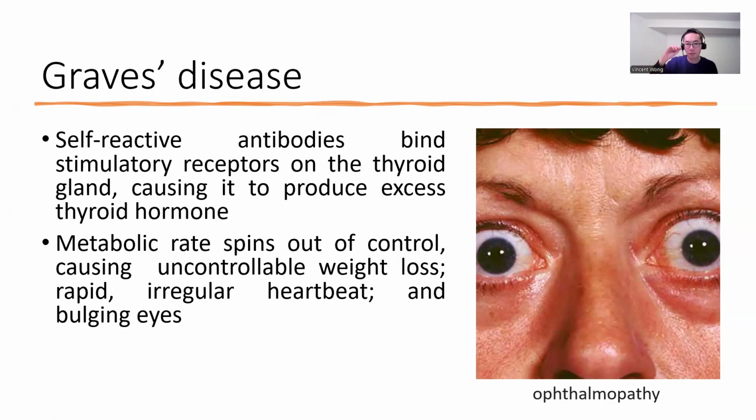So you will have weight loss even though you're eating, tachycardia, a very fast heart rate, sweaty palms, and then your eyes will be bulging a little bit. That's what this means. Ophthalmopathy, because the antibodies are binding to muscle around the eyes, causing it to become inflamed. You don't really have to memorize the details. This is just an example of autoimmune disease.